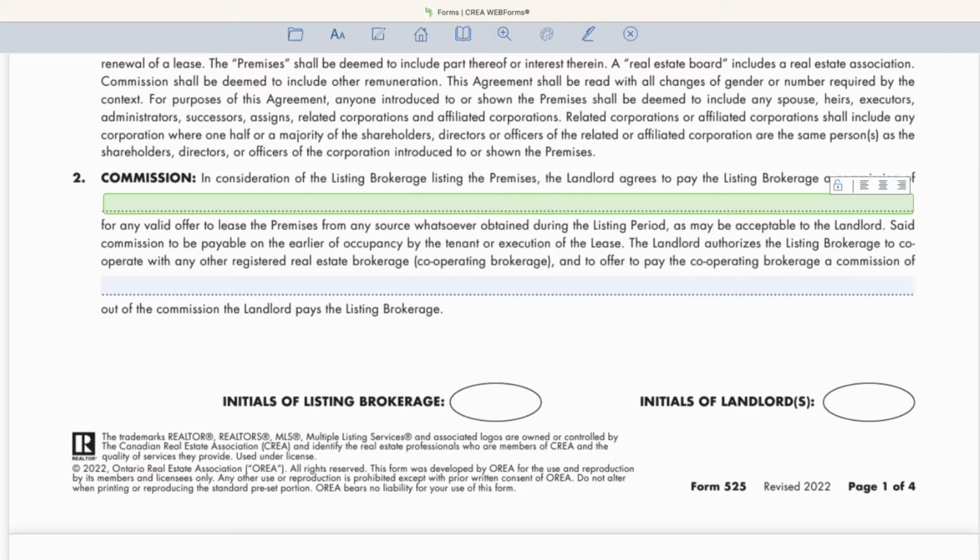Typical retail commercial listings for lease are 4% of the first year net rent and 2% of the remaining term up to a max of maybe 5 years per annum. Okay, so on closing of this, I will make 4%, and then every year I will make 2% every year. It's paid up front on closing.